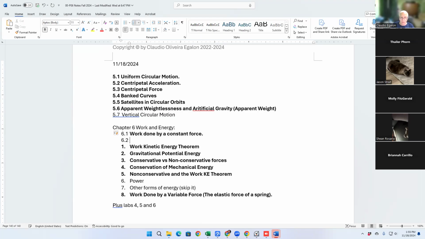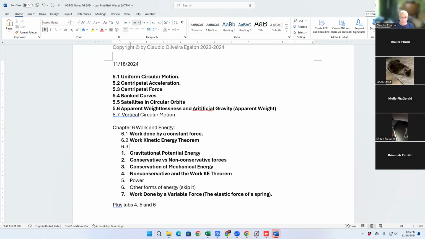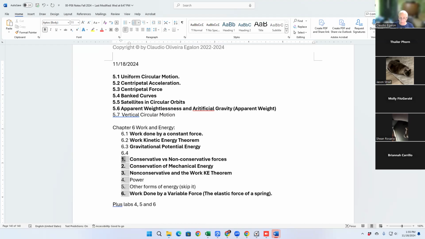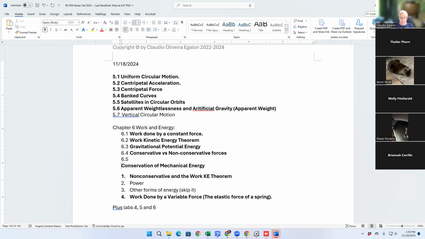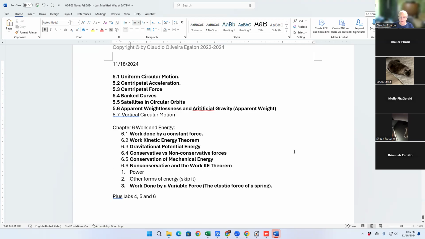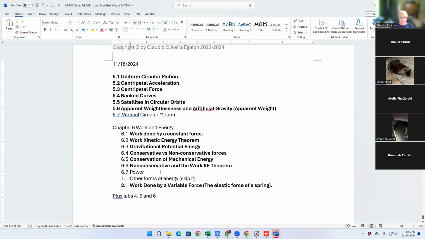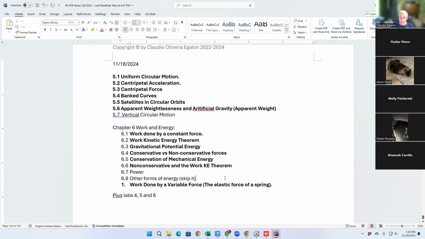Now 6.2, good. 6.3, 6.4, 6.5, 6.6, 6.7, 6.8. We are going to skip 6.8. And finally 6.9 plus lab exam 3.